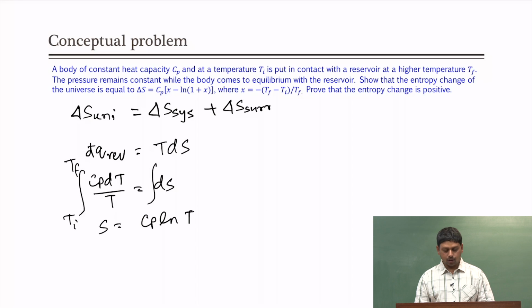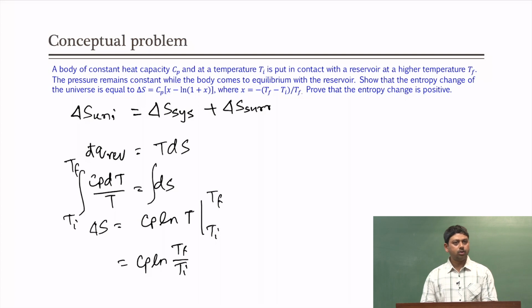Because we are talking about change from initial to final, delta S is the integral of Cp dT by T going from Ti to Tf. So, it is Cp ln Tf by Ti.